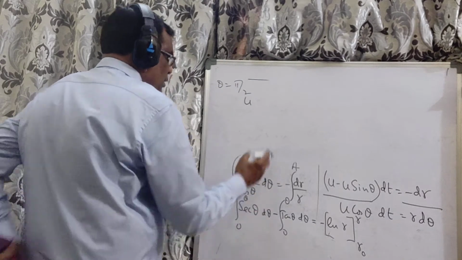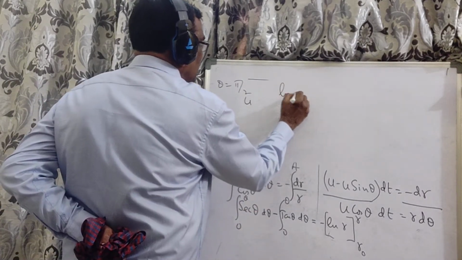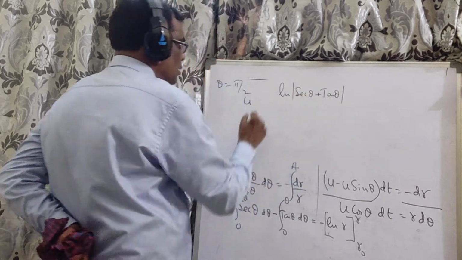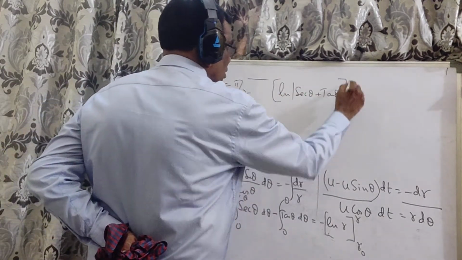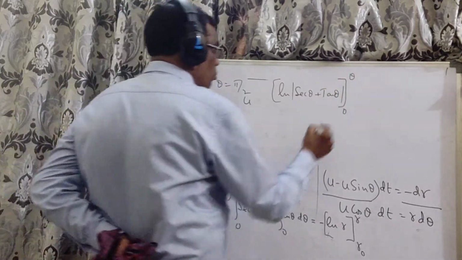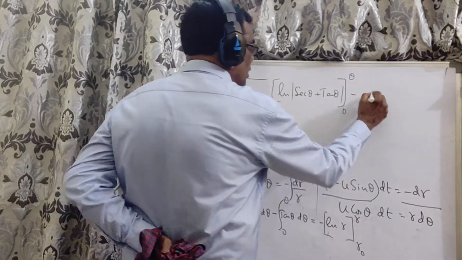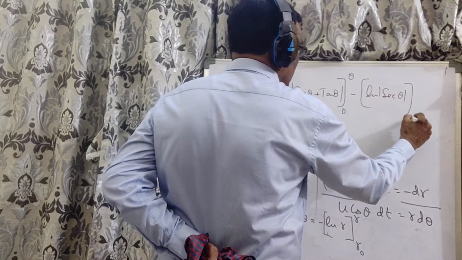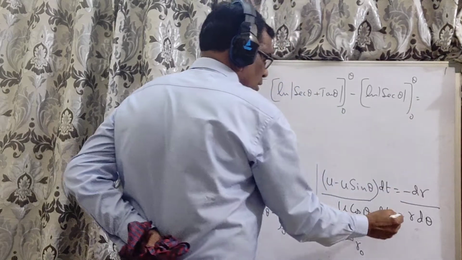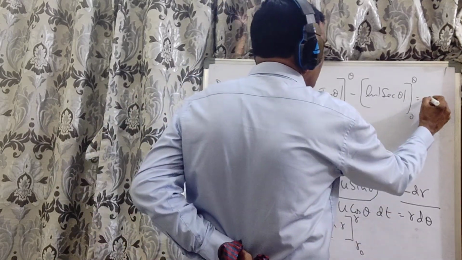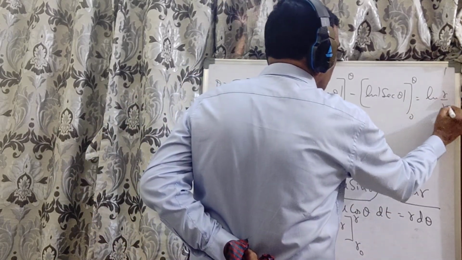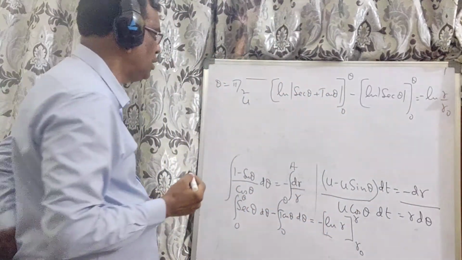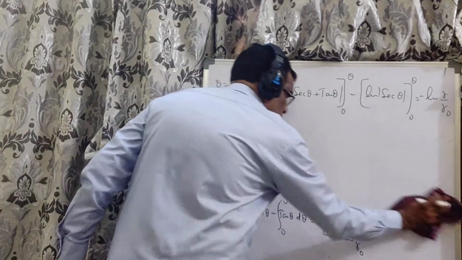So what do you get? Sec theta d theta from zero to theta, minus tan theta d theta, is ln sec theta plus tan theta minus ln sec theta, again 0 to theta. And on this side you have ln r by r naught with a negative sign. Okay? Now I am erasing all this.